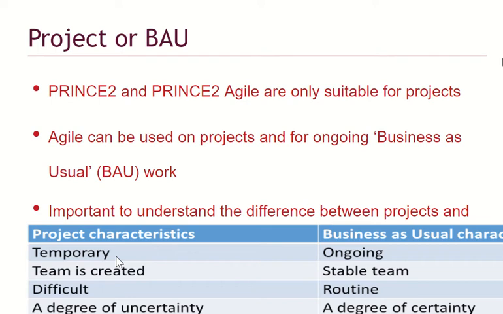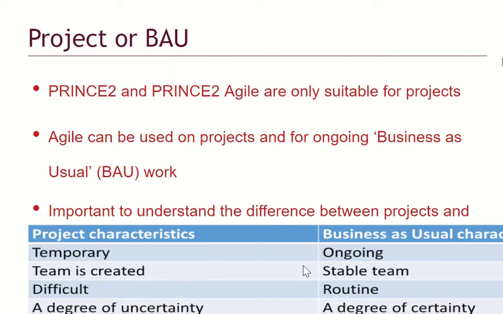That's why it is temporary. Every project must have the start date and end date. Now, when you talk about business as usual, that one is not temporary, it's ongoing. Projects are always temporary. They will always have a start and end date.